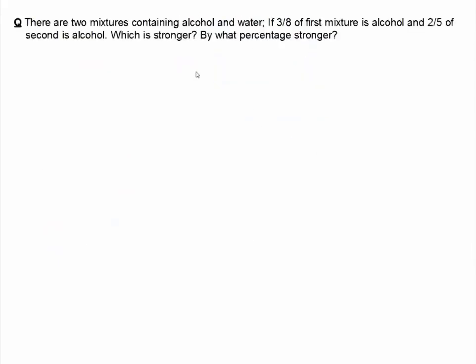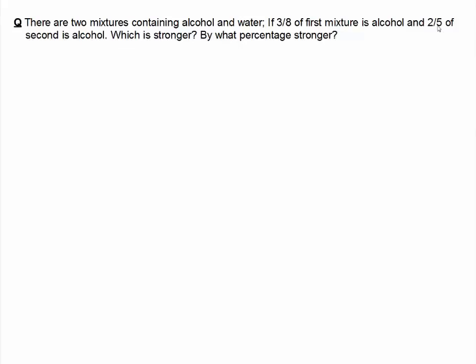So let's see these questions. There are two mixtures each containing alcohol and water. In the first mixture 3/8 of the mixture is alcohol. In the second one 2/5 of the mixture is alcohol. So they're asking which one is stronger.